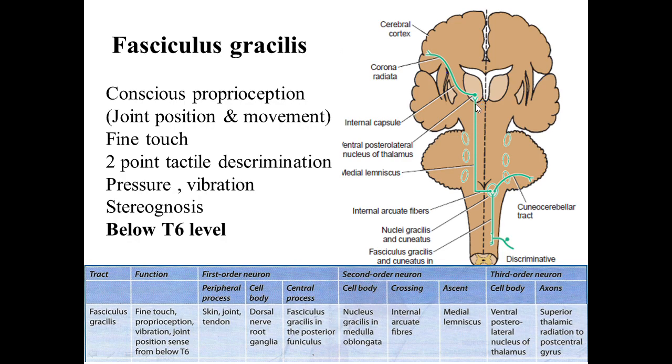So these fibers in the medial lemniscus synapse with the ventral posterolateral nucleus of thalamus, and from here the third order sensory neuron arises, which enters into the cerebral cortex. So this is the fasciculus gracilis, conveying conscious proprioception, fine touch, two-point tactile discrimination, pressure, vibration, and stereognosis below the level of sixth thoracic spinal cord segment.